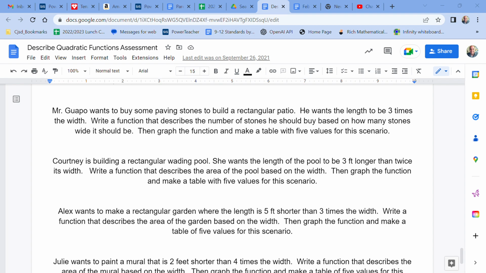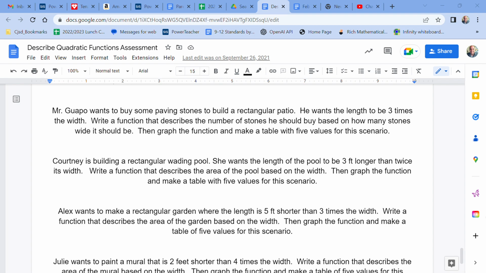Okay? Now it wants a function that describes the area of the garden based on that width. And if I'm going to have to graph it and make a table of 5 values, then I'm not going to call this W. Let's call this X. So this would be X, X, and X, or 3X minus 5.